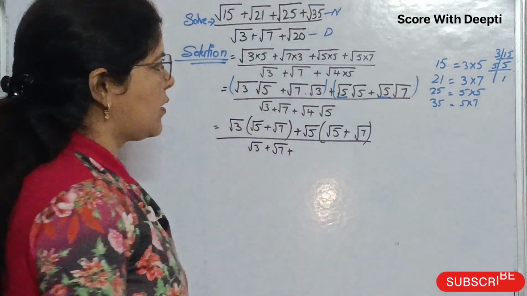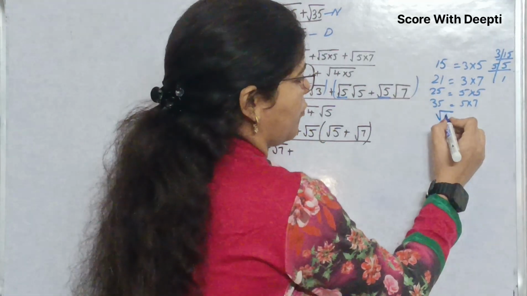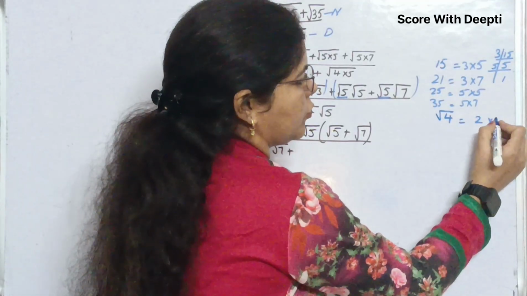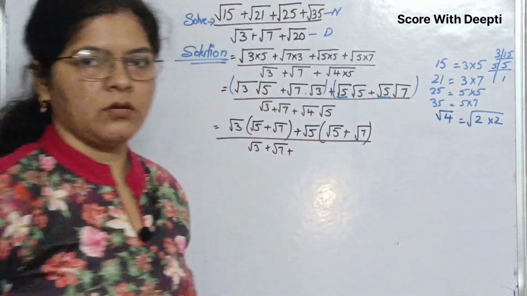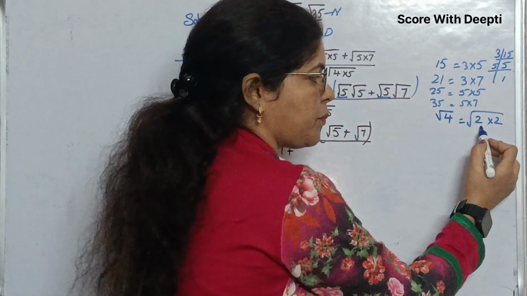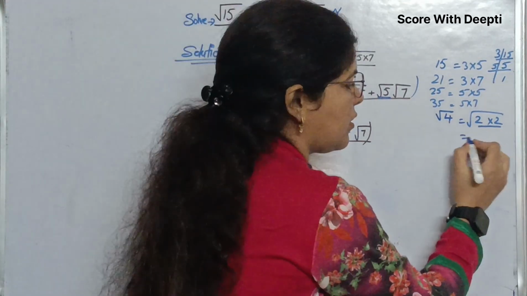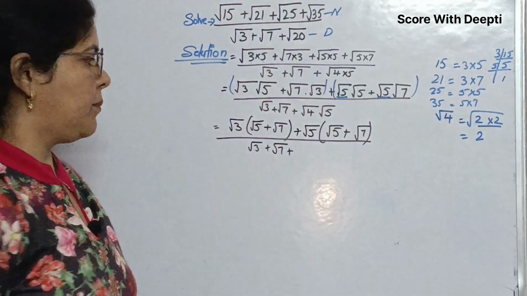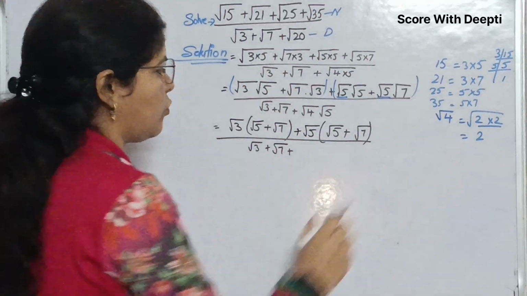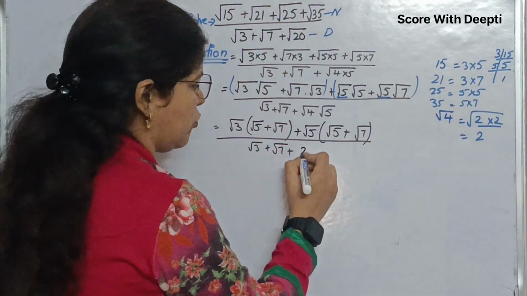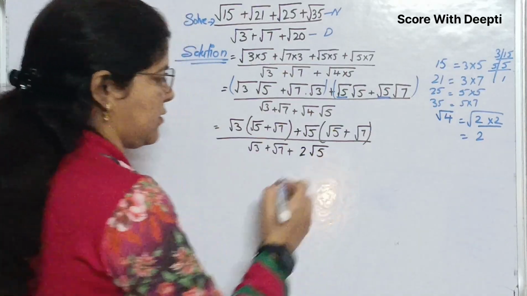Square root of 4 is equal to 2 into 2, and 2 2s are 4. If there is a pair of a term under the square root, we get a single term without the square root, meaning square root 4 equals 2. Here we will write 2 only, and square root 5 as it is.